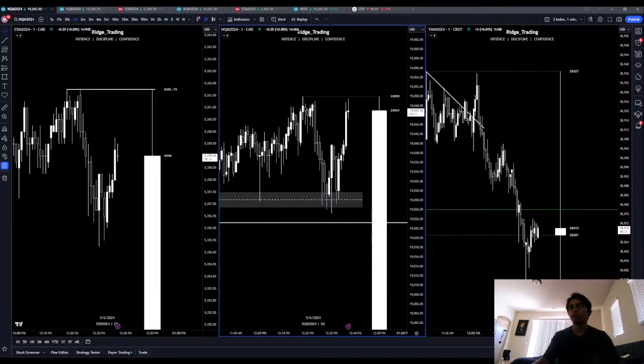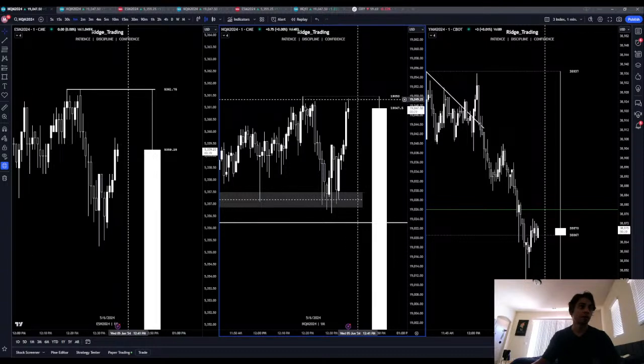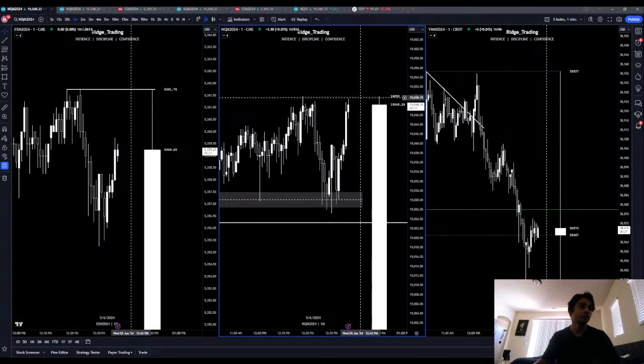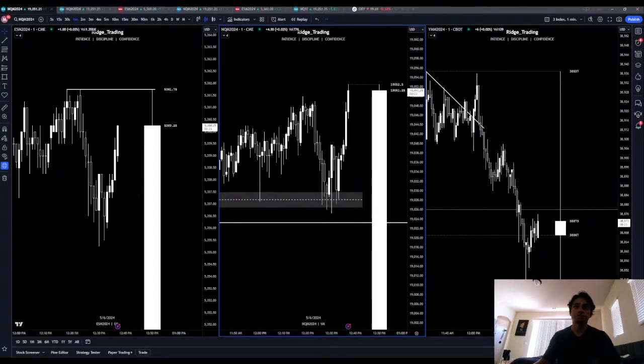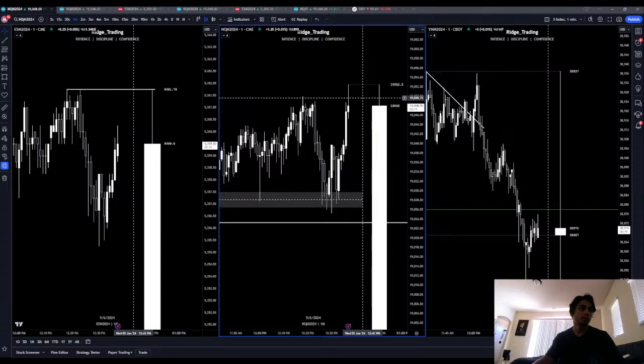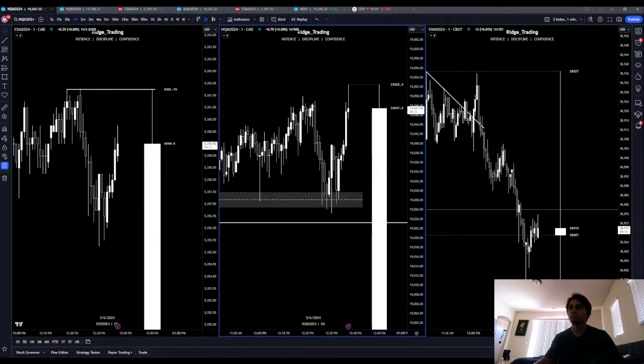So I just took one mini there. I'm out. I took it out right on the take of this high here, just because I don't trust this price action. That's fine. So I caught a nice little... How much did I get? Like 13 points there. Nothing crazy, but good enough.